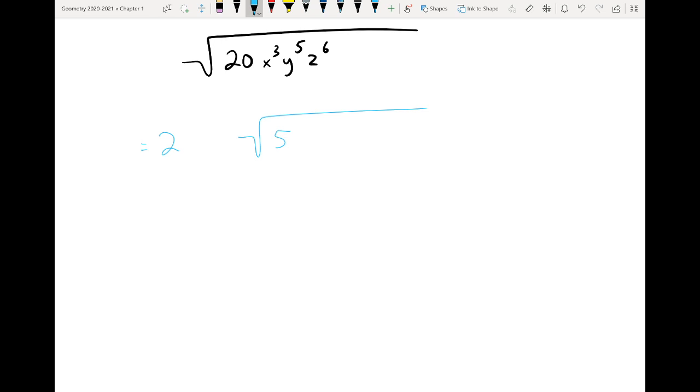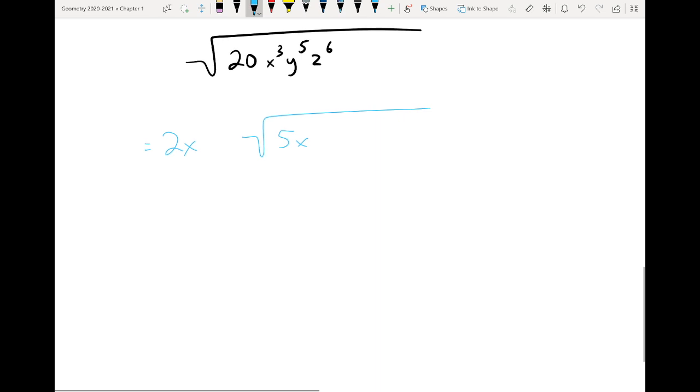Remember, we're going to divide each of these exponents for each of those variables by 2. So in the case of x to the 3, 3 divided by 2 is 1, remainder 1, right? X to the first, which we don't have to write x to the first. Y to the fifth.